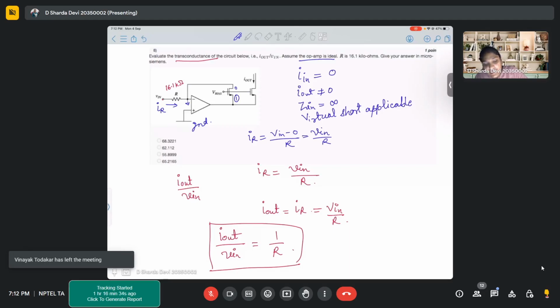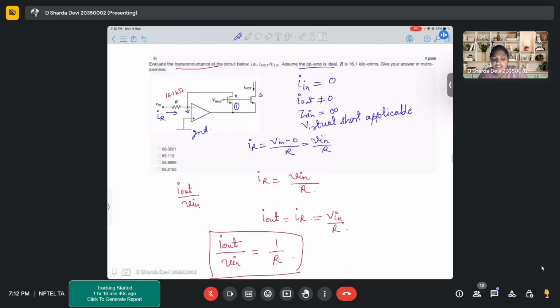What I said is that there is no mention about the transistors, whether they are matched or unmatched, or about their W's. So for simplicity, we'll say that these two transistors are perfectly matched with respect to their mu, Cox, W by L, everything. The only factor that can change the currents through these transistors is VGS.